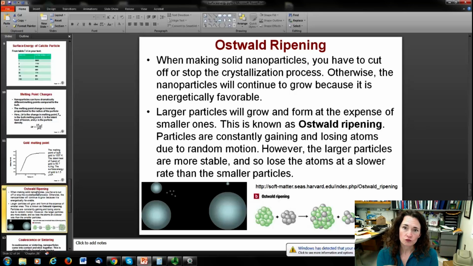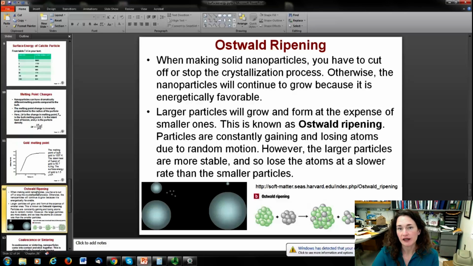But for your bulk particles, when you add atoms to those, that's energetically favorable. So even though atoms are walking around all the time, entering and leaving particles kind of spontaneously, when an atom or molecule sticks to a big particle, it's energetically favorable for it to stay there.